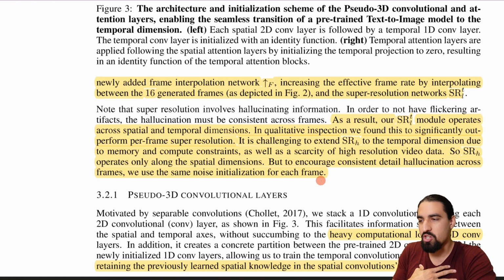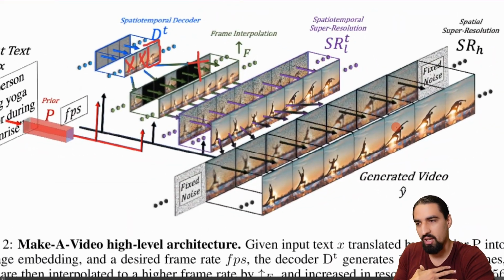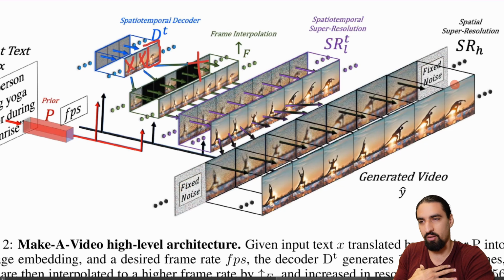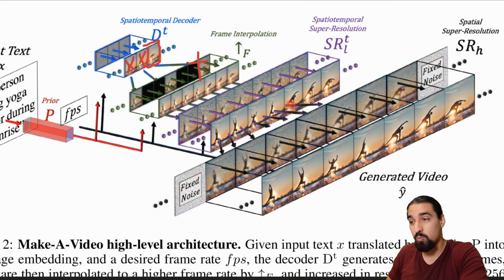So SRH operates only along the spatial dimensions, but to encourage consistent detail hallucination across frames, we use the same noise initialization for each frame. Okay, so that's why in this picture you can see this is denoted as fixed noise, because this one is only doing frame by frame. You're literally using the same model and just doing the upscaling, whereas this one actually has the temporal information integrated into the architecture.